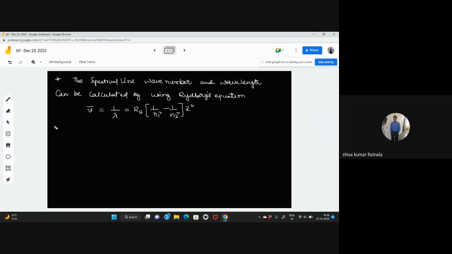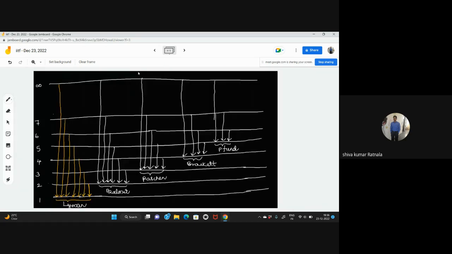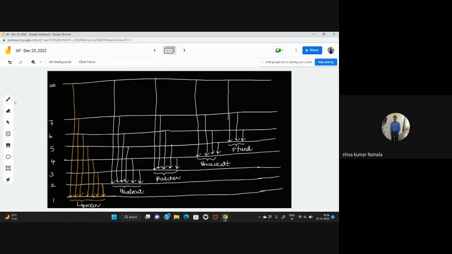And one more point. Now see, this is the first line. Let me write like this with red color I'm indicating. In any series, this is the first line, and this is going to become the limiting line.